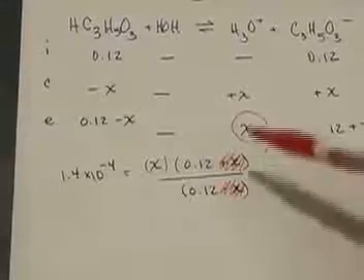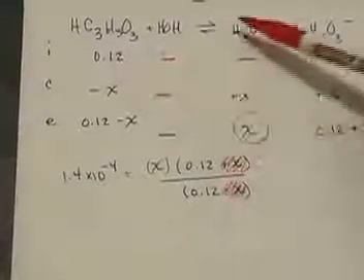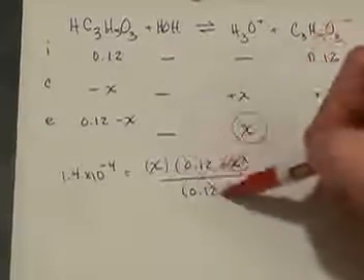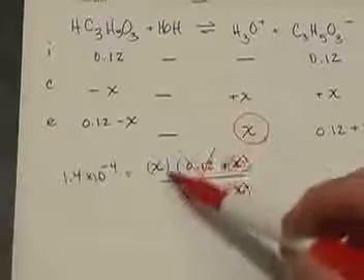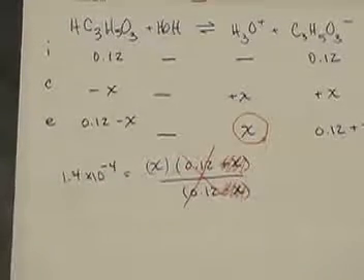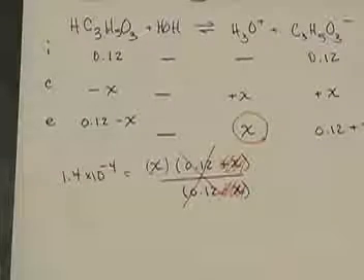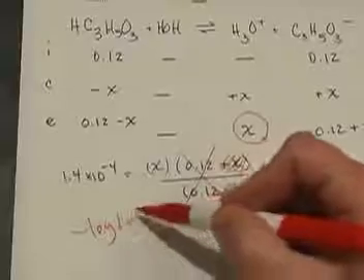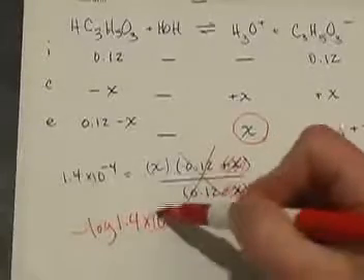And lo and behold, look at that. If the acid and its conjugate base are equal in concentrations, they in effect cancel each other out, and my H plus ion concentration is equal to the Ka. Pretty cool. If I want to find the pH of it then, I'll simply take the negative logarithm of 1.4 times 10 to the negative fourth.